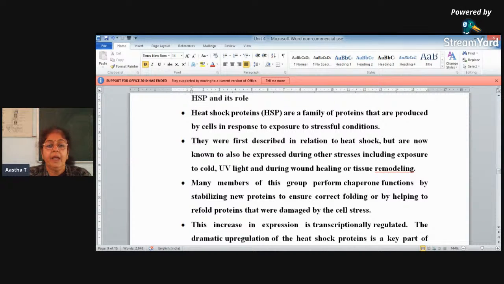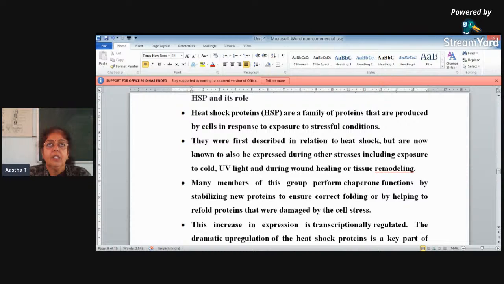That is, they stabilize the new proteins to ensure the correct folding of these proteins, or they refold the proteins that were damaged by stress conditions. If the cell is exposed to stress conditions, then normal proteins may undergo some type of damage.